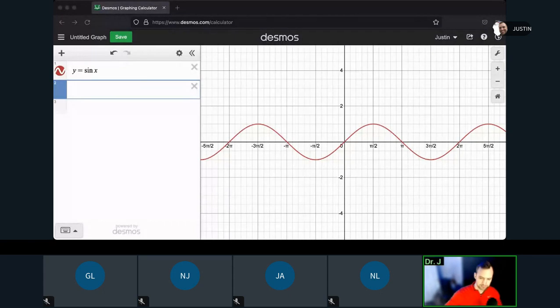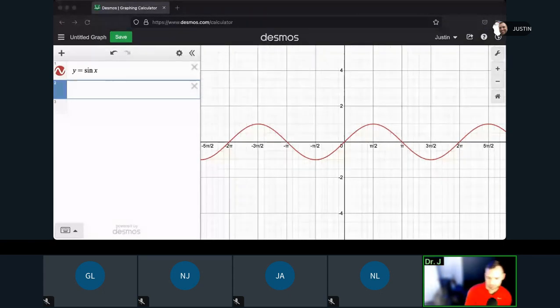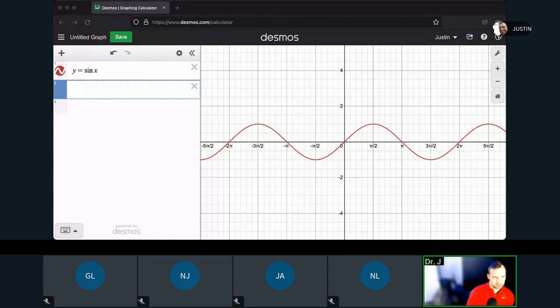Jackson says a full cycle. Yeah, both are fine. So a period is, in this case, the time. A lot of times I refer to the x-axis as time. So it's the time it takes to do a full rotation.